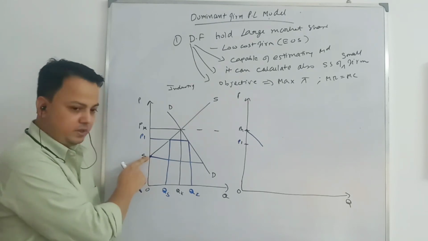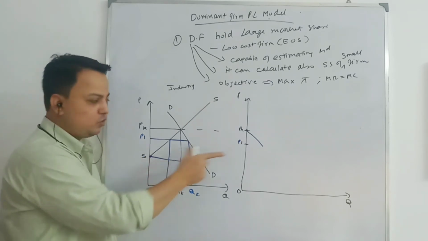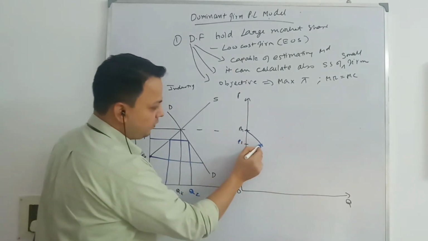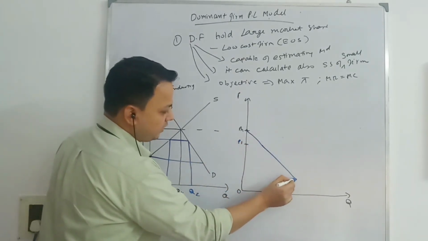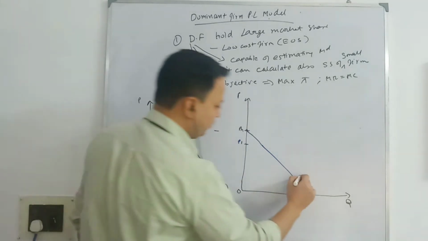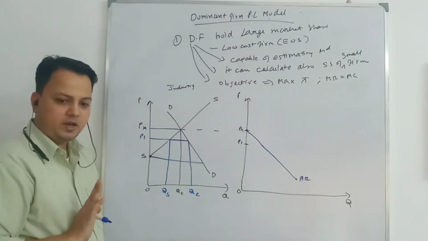Because supply starts from here, so they will supply 0 units of output. So the entire market will be supplied by our dominant firm. Okay, so you can take this distance and put it here. It will be like this. This is the demand curve of my dominant firm, or average revenue curve. Is it clear how I derive it?